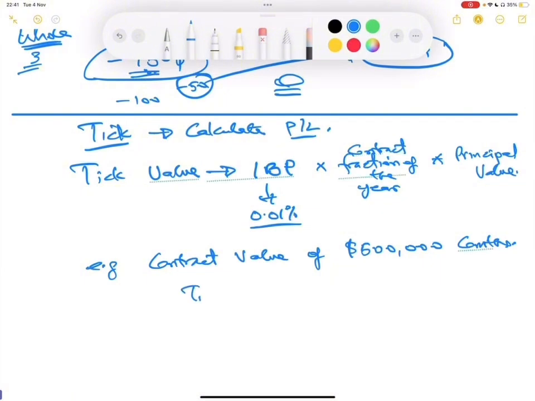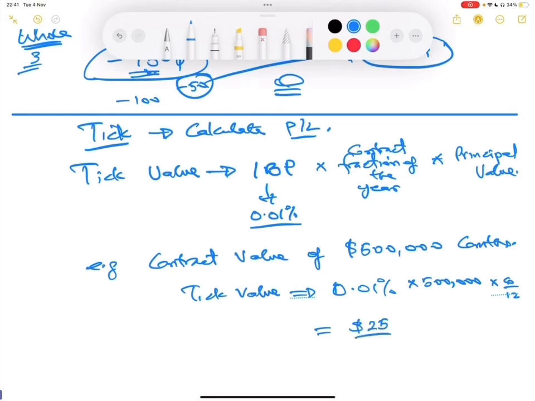What would be the tick value for this? That's 1 basis point, which is 0.01%, multiplied by 500,000, multiplied by 6/12. If you use your calculator, what do you have? That gives you $25.